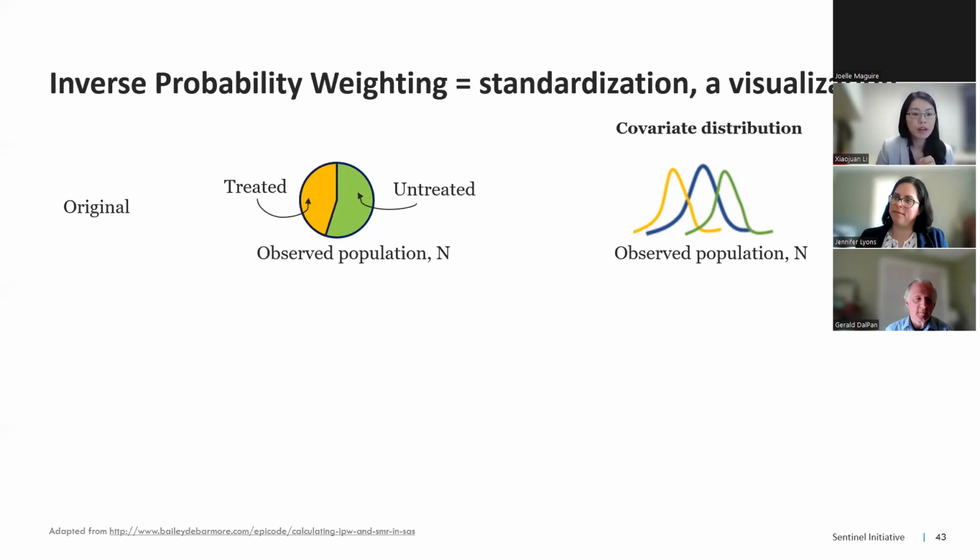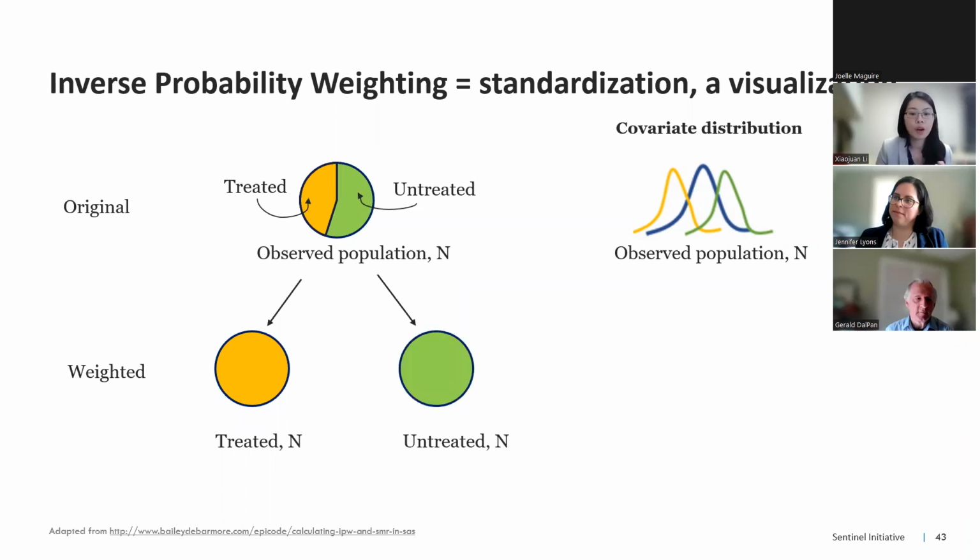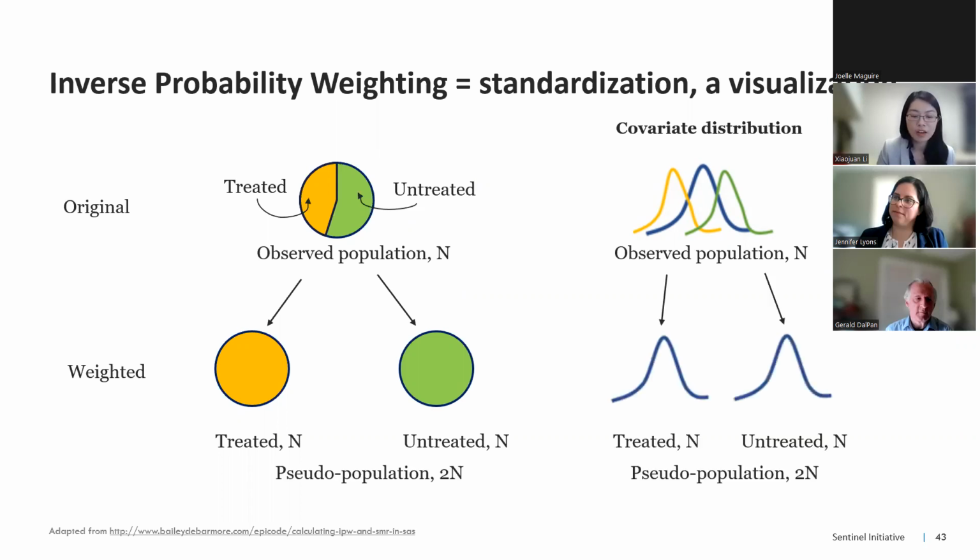So with weighting, when we apply this inverse probability of treatment weighting, we'll end up with a weighted sample, or a pseudo population, comprised of two groups, one group all treated and one group all untreated, both with the same size of n and sharing the same covariate distribution as the entire observed population.